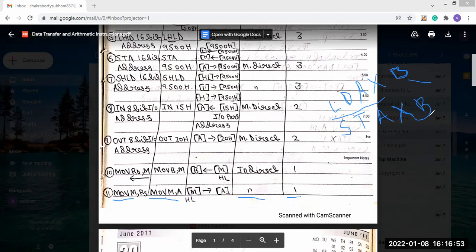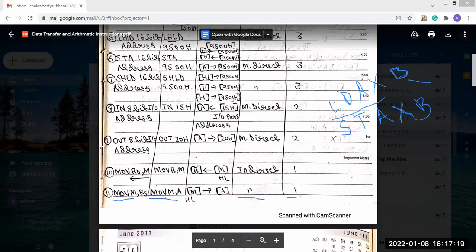Here only B is mentioned, so the register pair will be BC. The content stored in the accumulator will be moved to the memory address pointed to by the BC register. This is STAX.